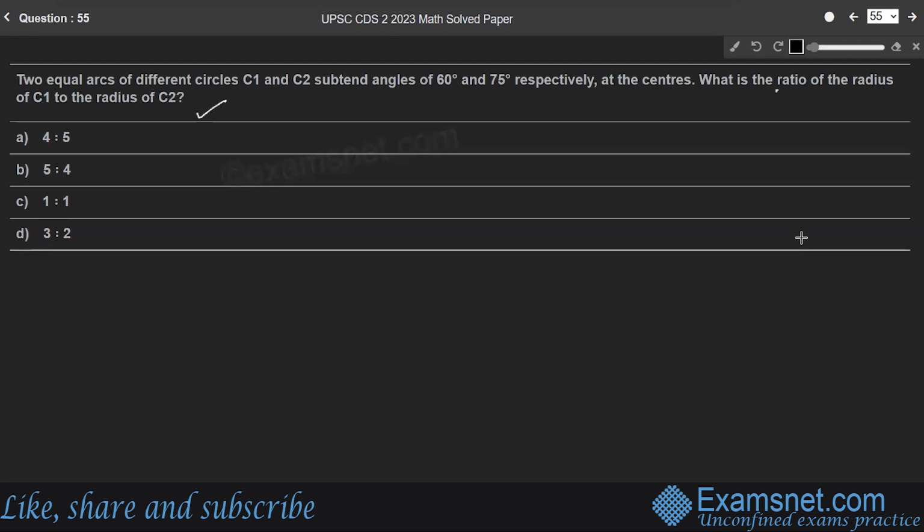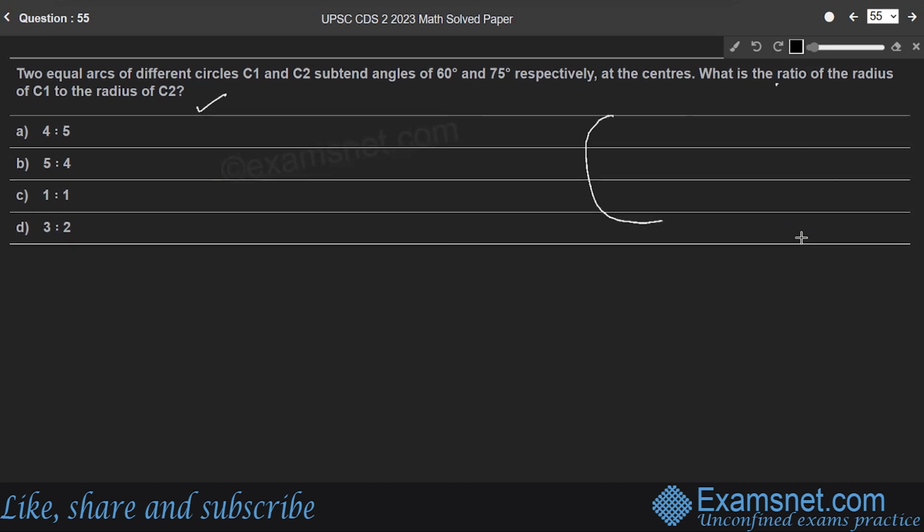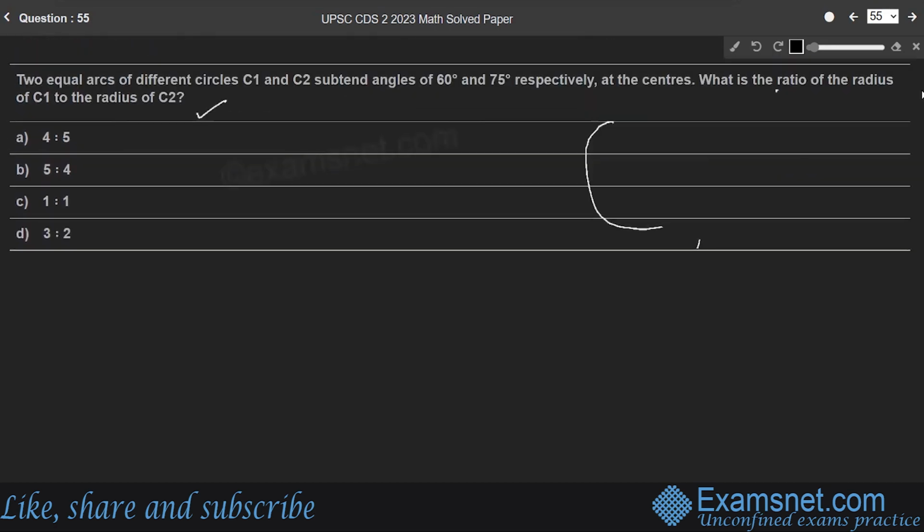Question 55. Two equal arcs of different circles C1 and C2 subtend angles of 60° and 75° respectively at the centers. What is the ratio of the radius of C1 to the radius of C2? So we'll consider two circles, students, C1 and C2, and two equal arcs of the different circles.